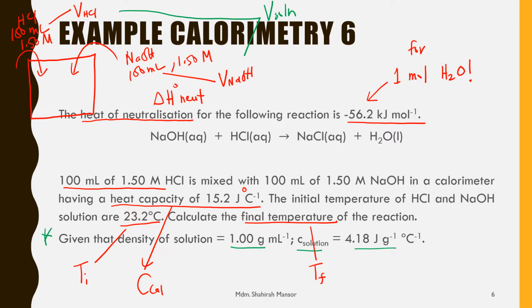Okay, so bila kita ada info tentang solution, kita ada info tentang calorimeter. So once again, surrounding kita adalah terdiri daripada both solution dan juga calorimeter. Okay, so you may try do the calculation now.